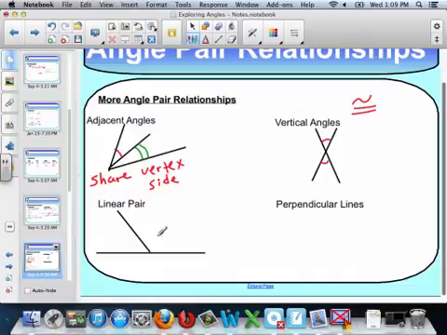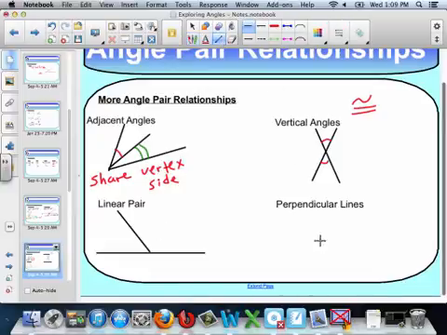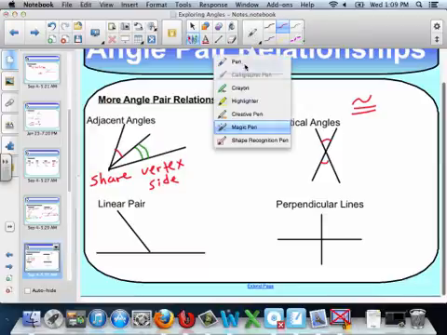And perpendicular, meaning what? Don't answer. What is perpendicular? Like a plus or a T. Yeah, like a plus or a T. Perpendicular lines intersect at right angles.